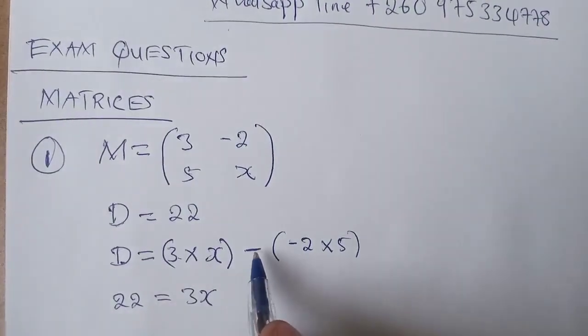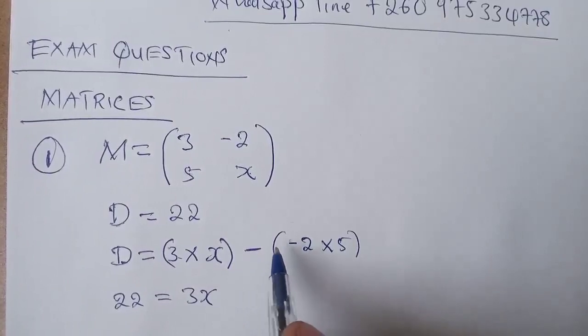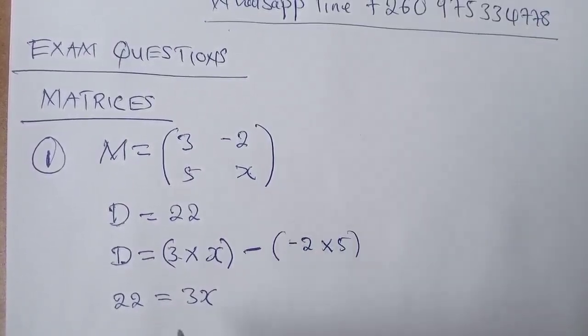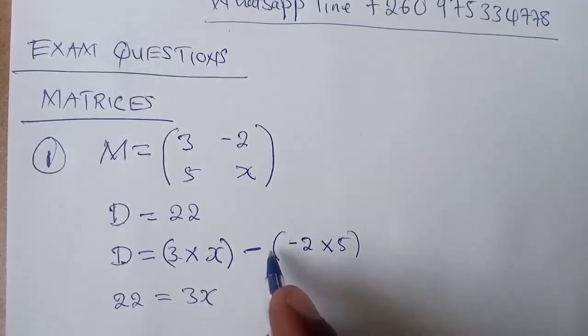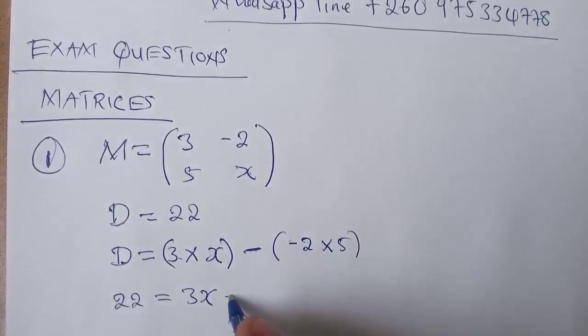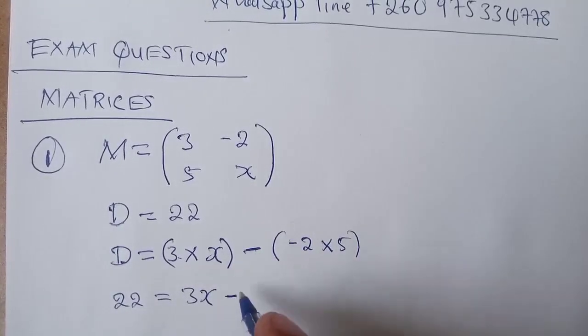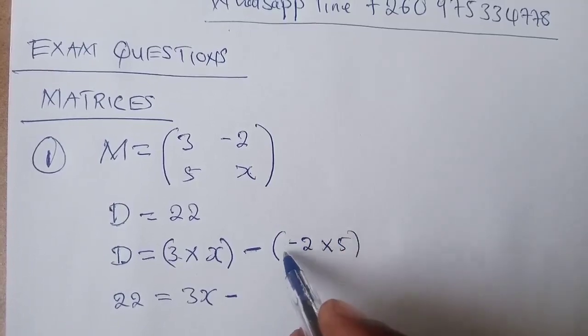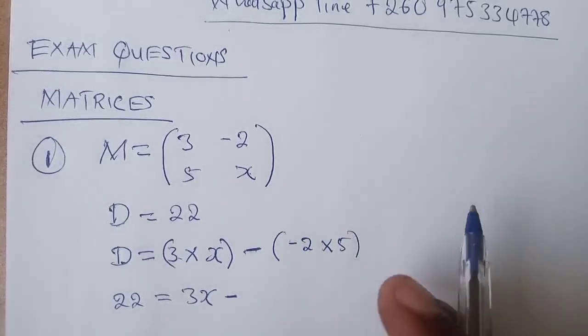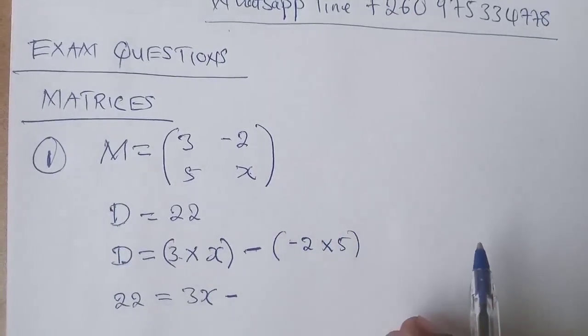But most people make the mistake of multiplying this negative times that negative. No, that's a big no, that is totally wrong. What you need is to put it like this: negative, this one, this negative. Then you firstly deal with what is in the brackets, from BODMAS, division, multiplication, addition and subtraction.